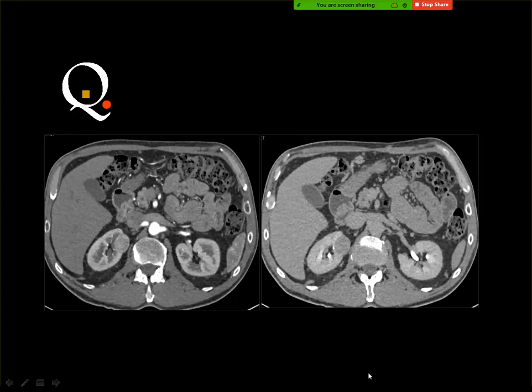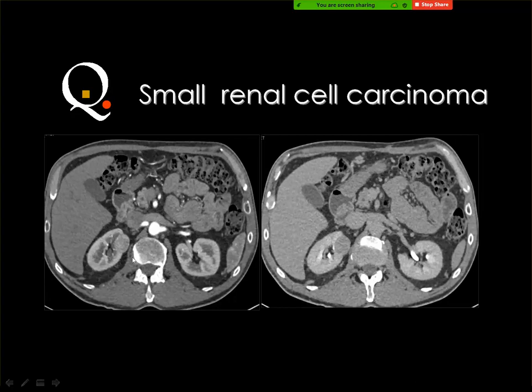Right kidney solid mass, renal cell carcinoma. Very good. And this is the vertebral level, where? Here? The right image? This one? This is the level of the disc. Yes, and this is the edge of the vertebra, and this is the level of the disc.